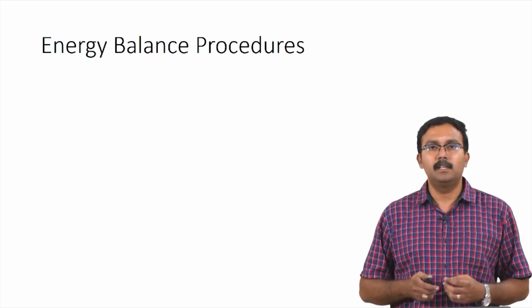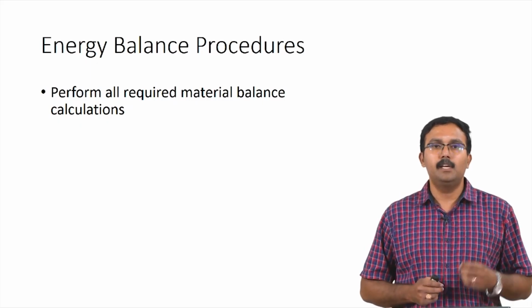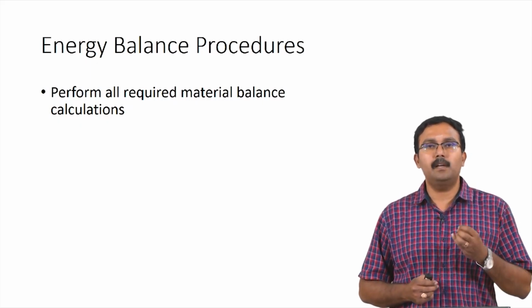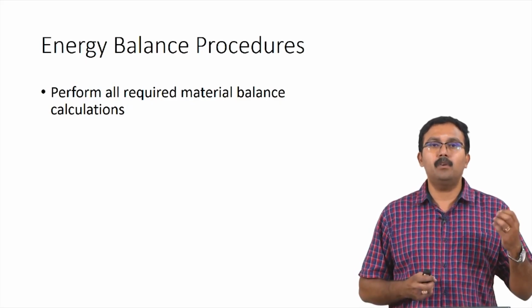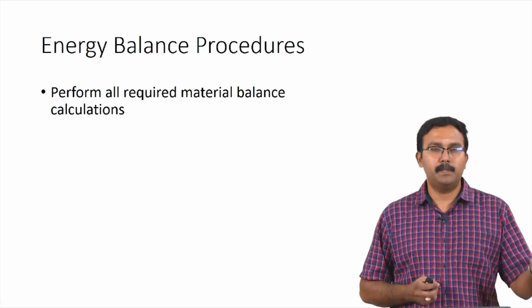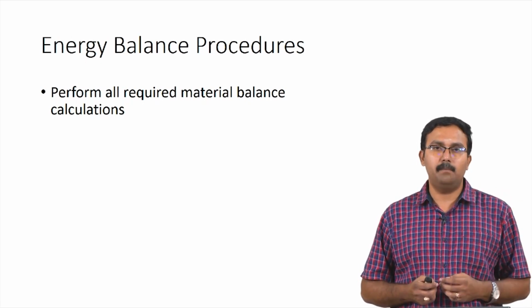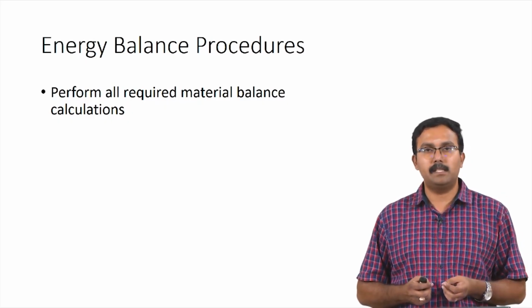So, because of this, the first step for any energy balance calculation which you would be doing is to perform all the required material balance calculations, so that you have information about all the flow rates. If you remember, you had the specific enthalpy calculations which I described earlier. So, from the specific enthalpy you would have to calculate total enthalpy changes.